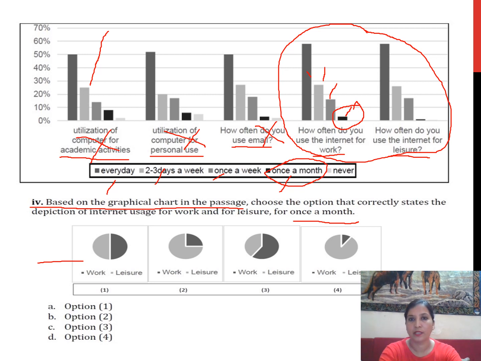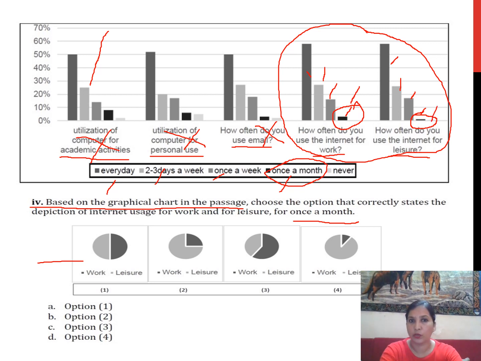Now, as far as the leisure part is concerned, mostly people use it every day for leisure work, and this is for those who use it 2-3 days a week, and this is once a week, and this one is for once a month. Okay, so now we have the answer before us, that there are more people who use the internet for work than leisure once a month.